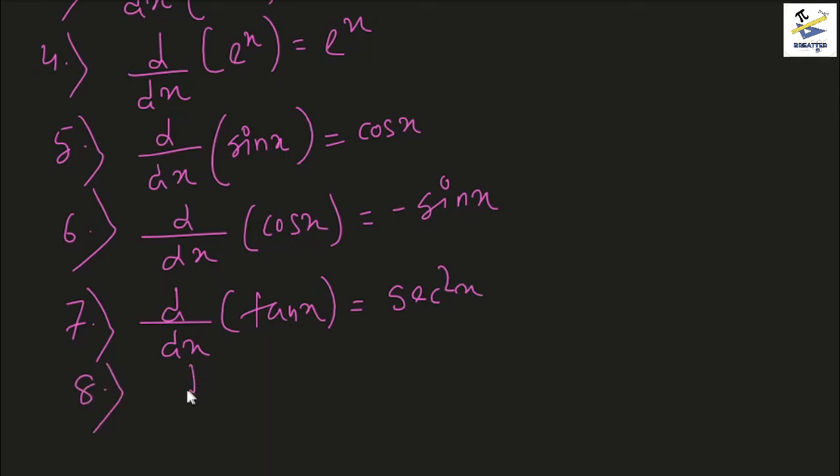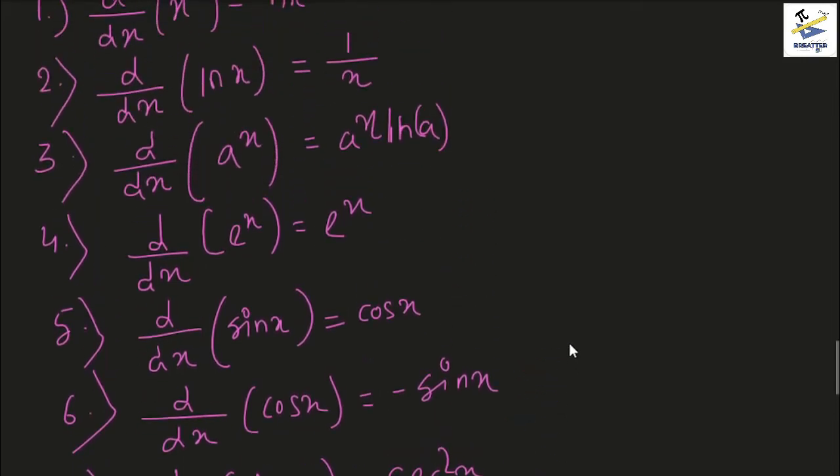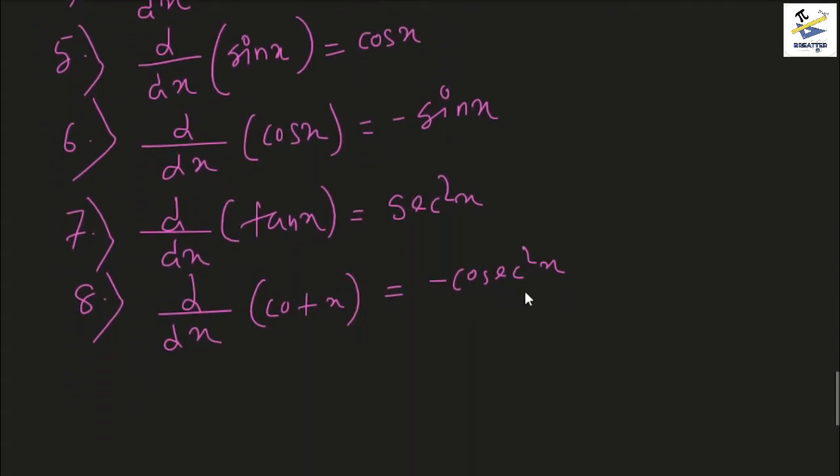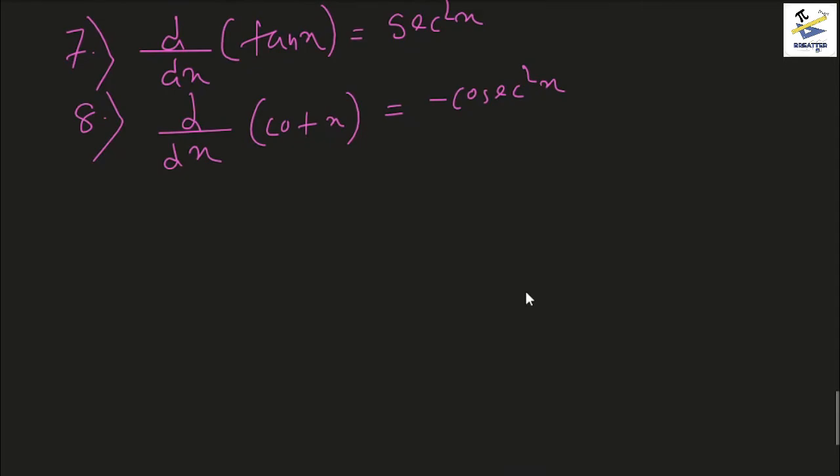Number 8. d dx of cot x would be equal to minus cosec square x. So I think these are some of the basic things, and there are other things as well that you need to know, but for the time being this should do. This should actually work pretty well.